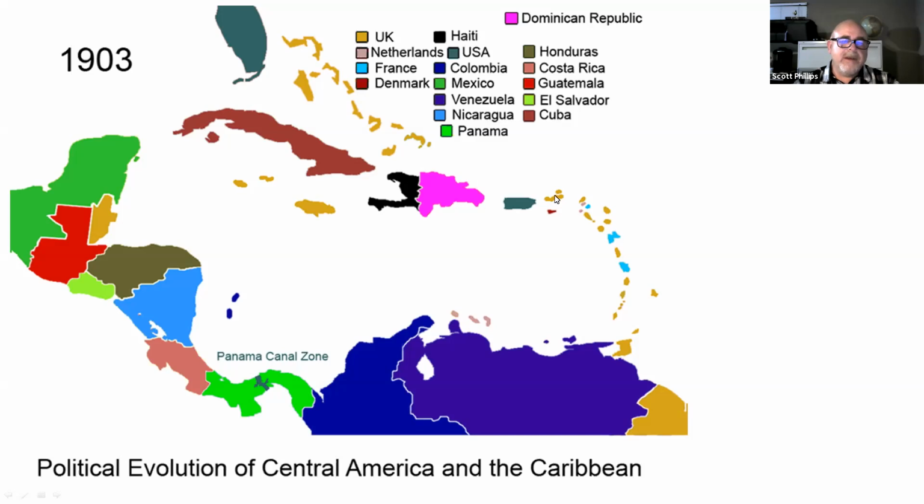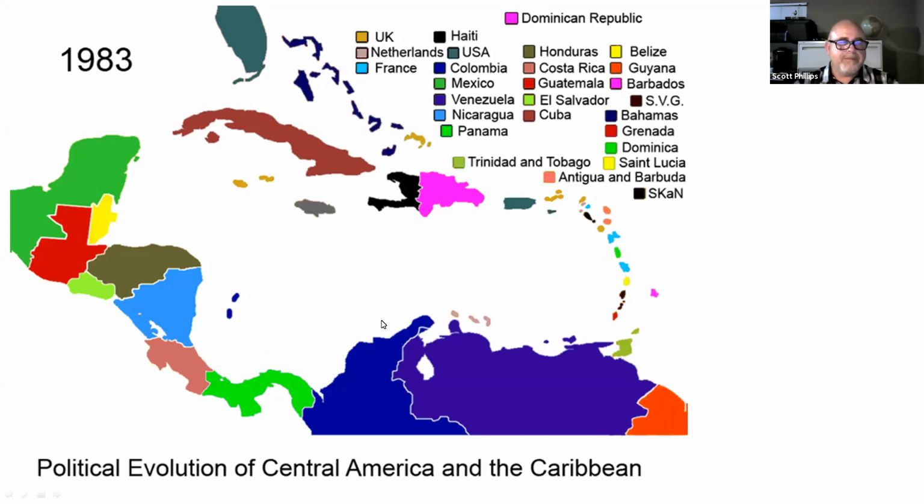Cuba becomes independent, but Puerto Rico remains a U.S. territory. But by the 1980s, you can see this list has grown quite long. You have the Central American countries, various ones in the Caribbean.